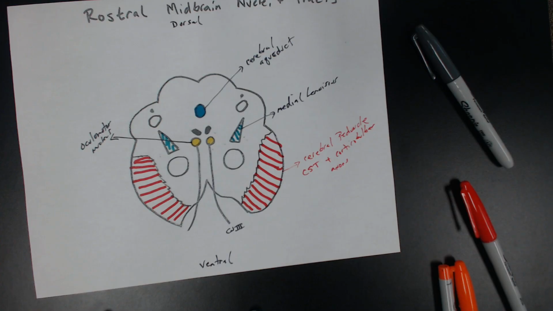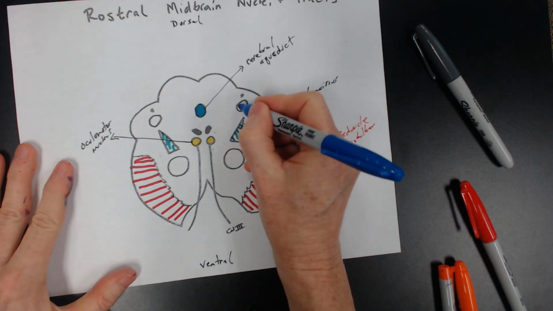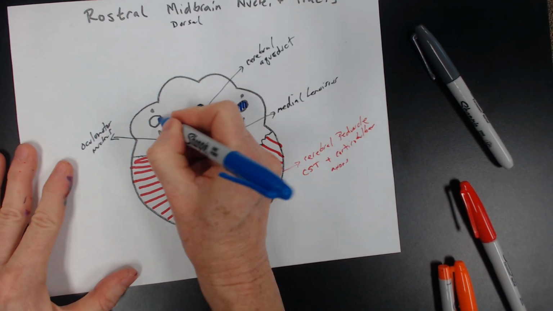Remember, at the level of the midbrain, we still have that STT tract coming up, making its way up to the thalamus, and that STT is going to be here.